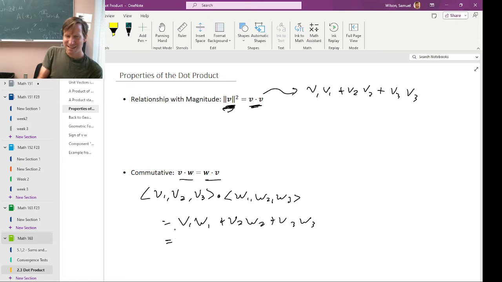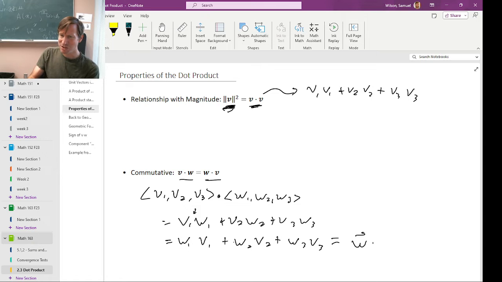But each of these products here is real multiplication, and real multiplication we know is commutative, so we can turn it around like this. Just put all the w's first. But that is exactly w dot v. So w dot v is v dot w. So this is a commutative product. That's nice.